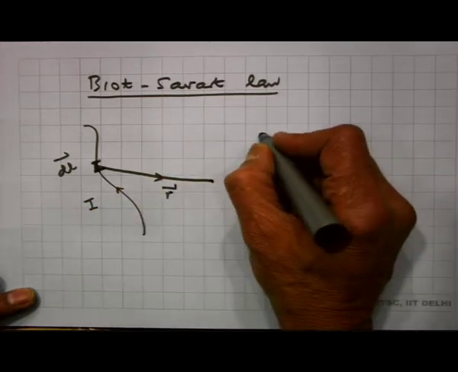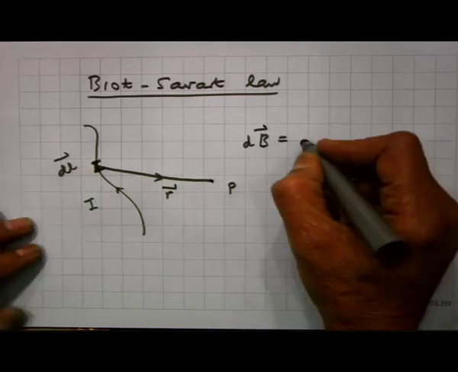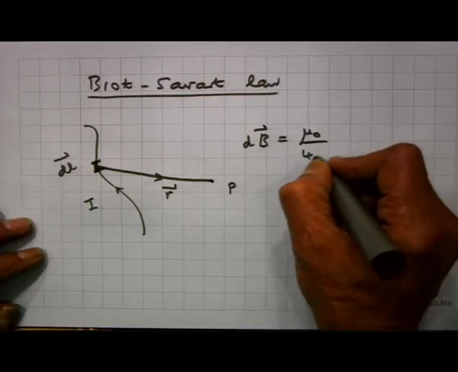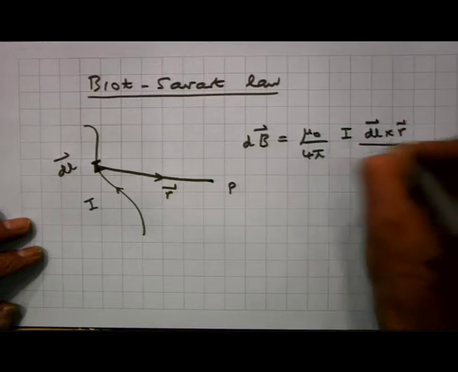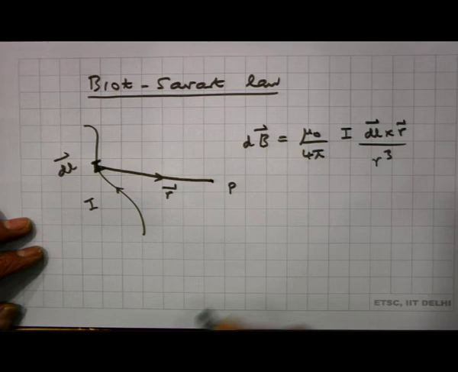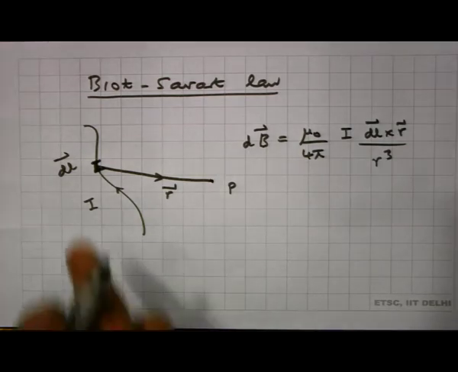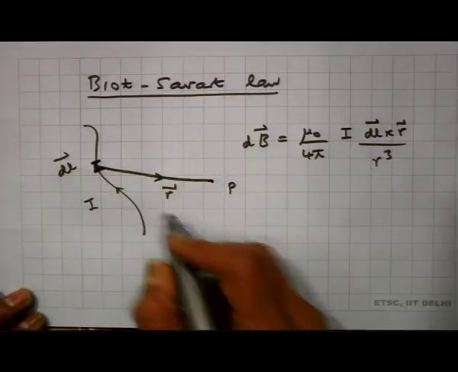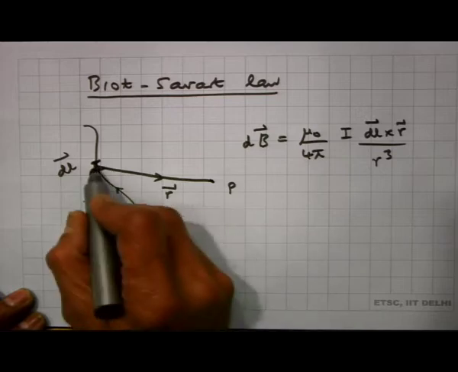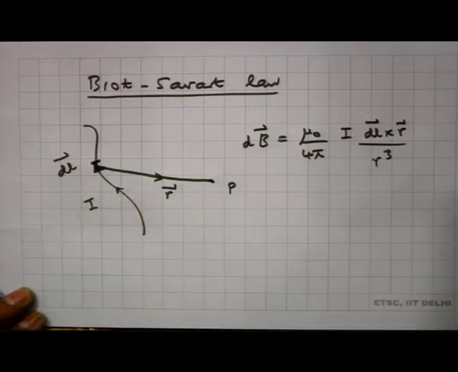The magnetic field dB because of this current element is mu naught by 4 pi, I dl cross r by r cube. We have discussed this before in the last lecture: the magnetic field generated by this current element I dl at this position P, whose coordinate with respect to this is the r vector, is represented by this equation.